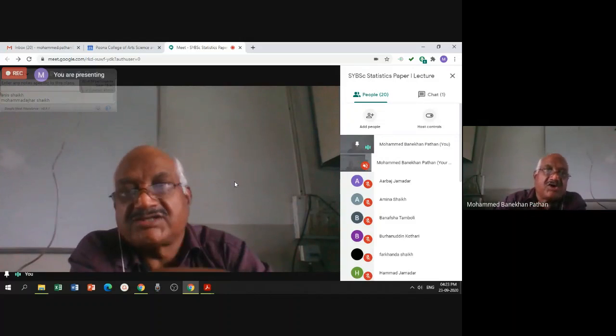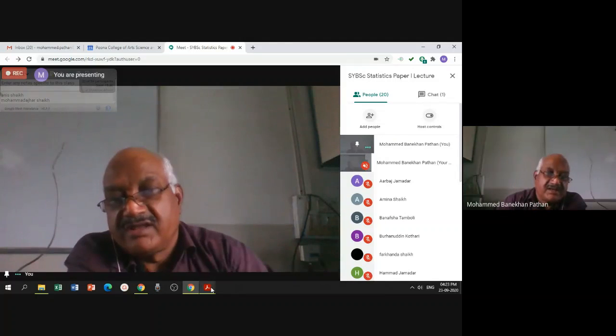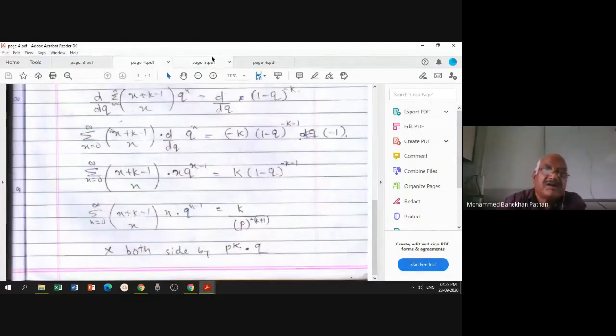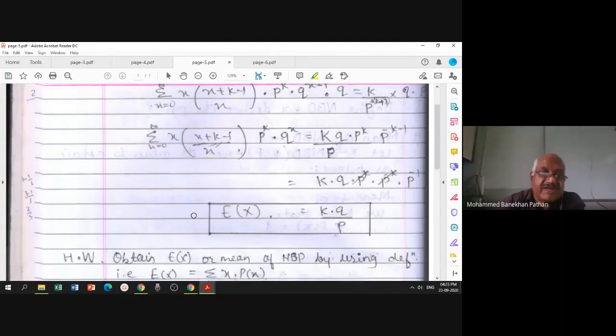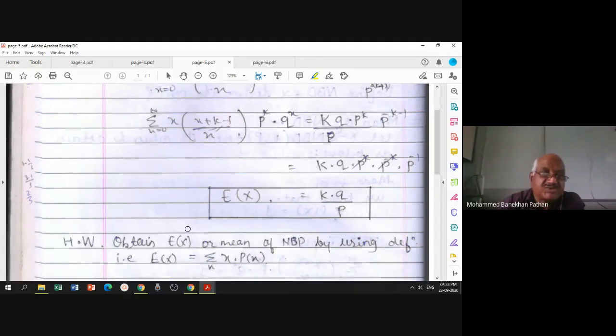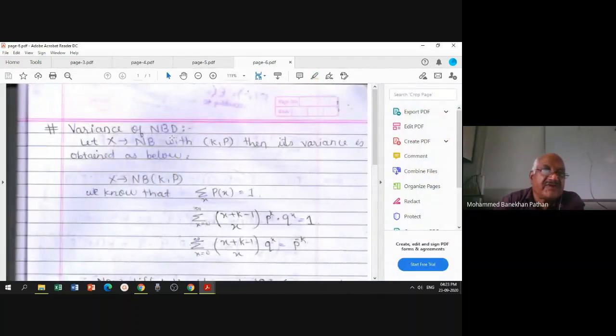E of x we already got today, that is kq by p. Now we want to get E of x square by using the condition summation p of x equal to 1. After having E of x square, we can easily derive the variance of NBD.